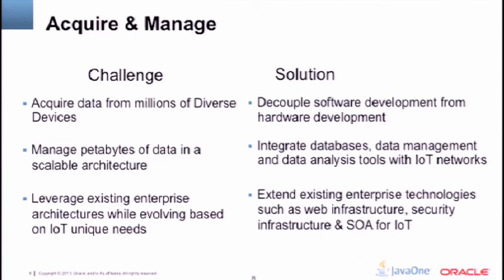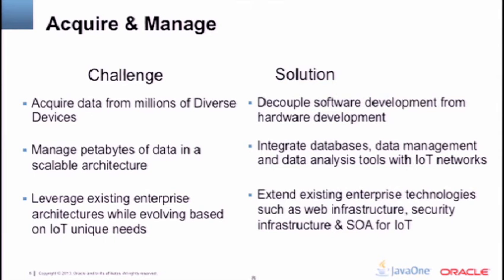Integrate databases, data management, and data analysis tools with IoT networks, where you build that identity infrastructure that can map devices to data. And that's one of the key things that I spoke about. And then leveraging existing enterprise technologies, such as web infrastructure, security infrastructure, and so on.